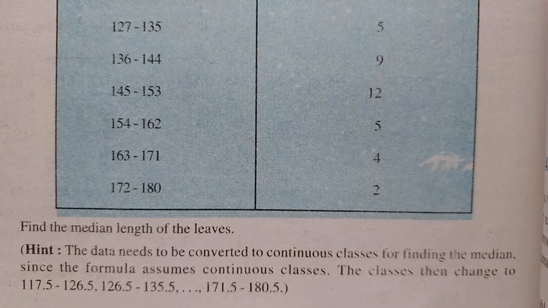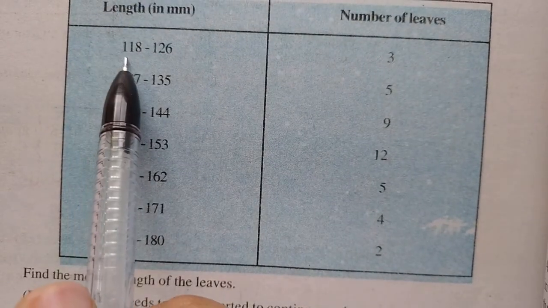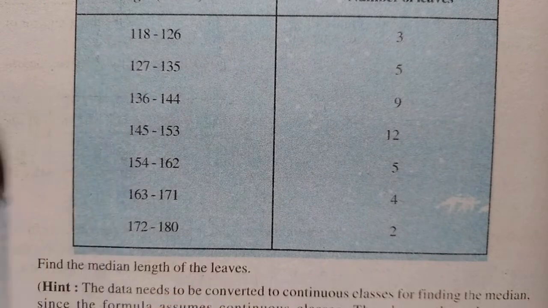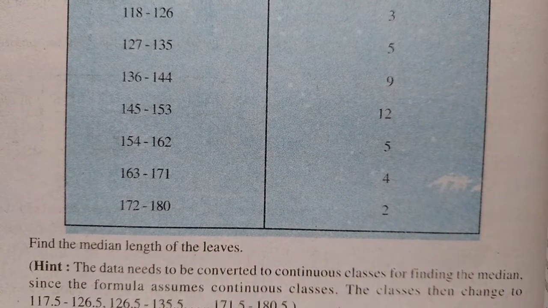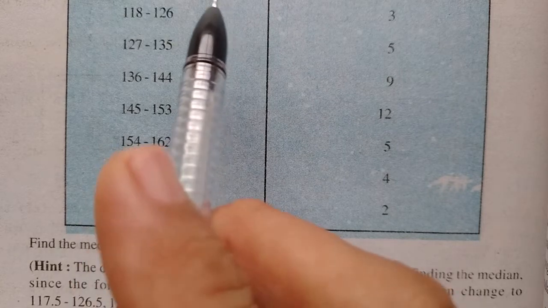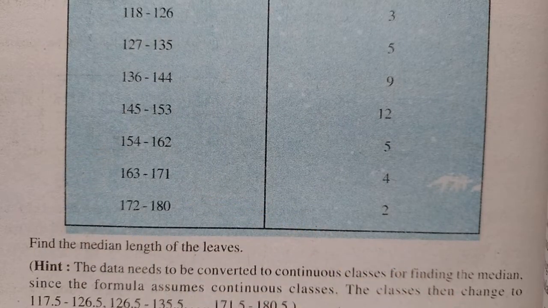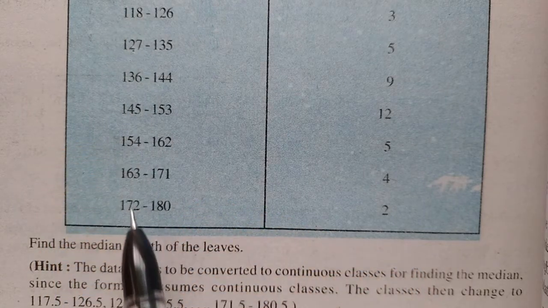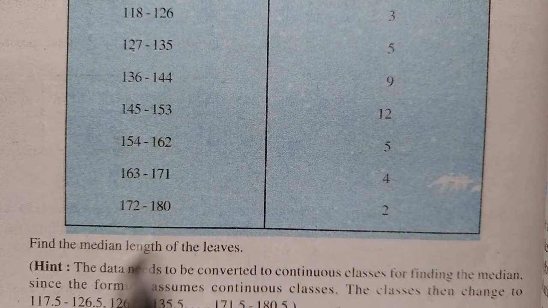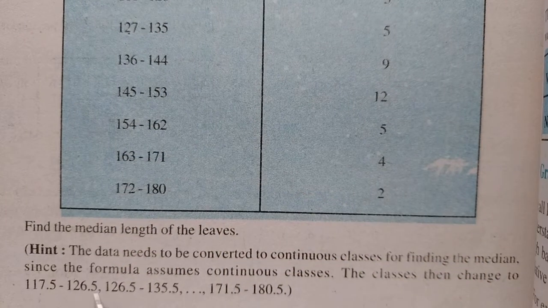Here 118 is given, subtract 0.5 from it and add 0.5 to the upper limit, so it becomes 117.5 and 126.5. Similarly, in each class subtract 0.5 from the lower limit and add 0.5 to the upper limit, then the data will be like this. Now using this as the class interval, solve the problem.